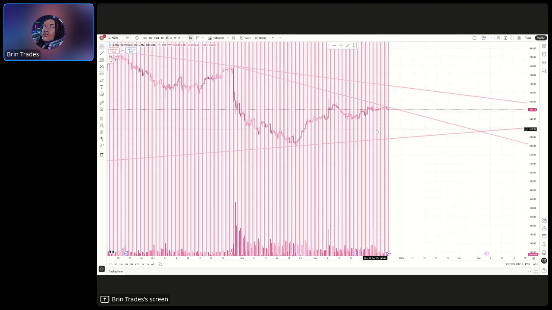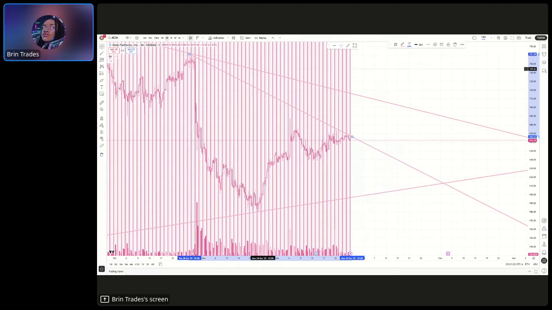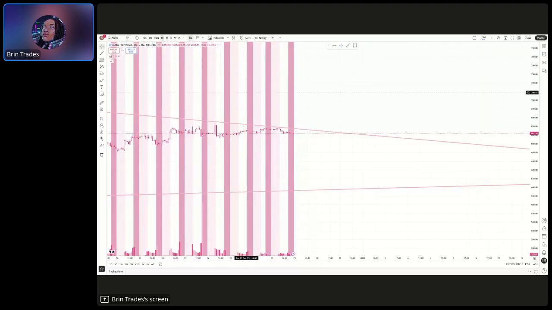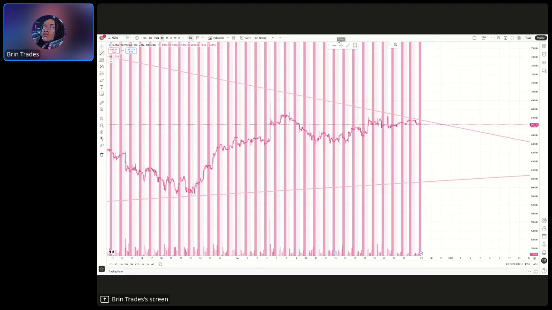It looks like all the points are stopping at post market. This is how it's been doing for this past month. It's either breakouts at post market or bounces at post market, which is interesting. All right, we have a new point A over here.